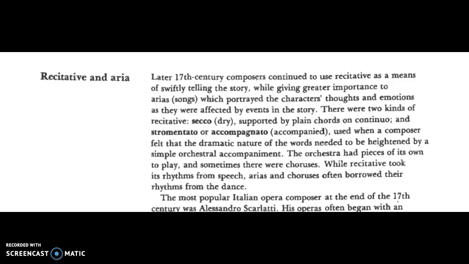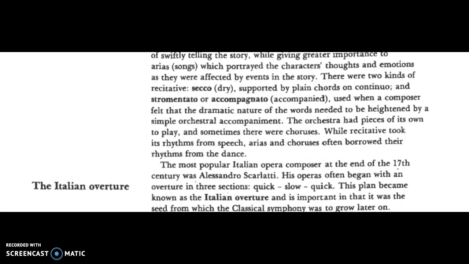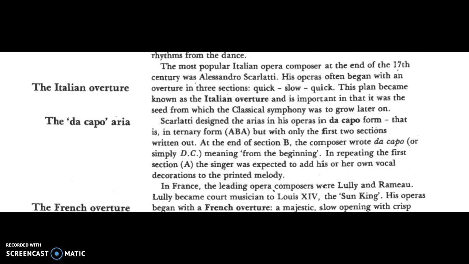The orchestra had pieces of its own to play in an opera, and sometimes we also had choruses. While recitative took its rhythm from speech, the aria and choruses often borrowed their rhythms from the dance. The most popular Italian composer at the end of the 17th century was Alessandro Scarlatti.